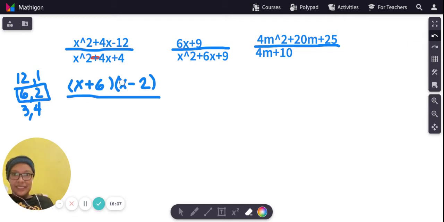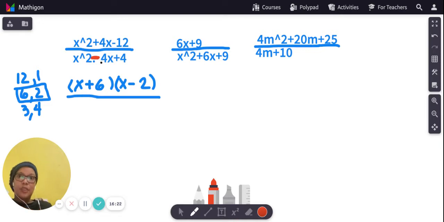So, it should be negative. So, x squared minus 4x plus 4, that is a perfect square. So, you get the square root of x squared, you just get the square root of 4.